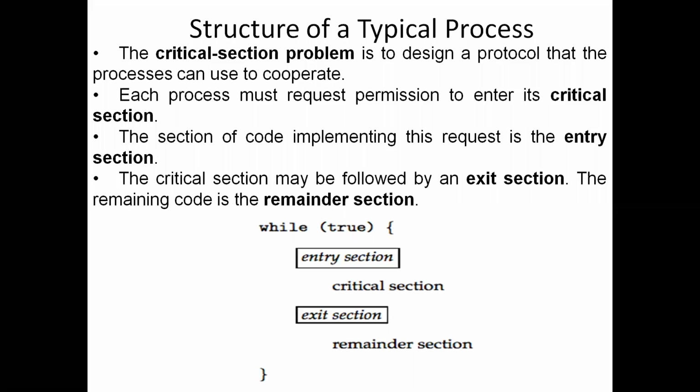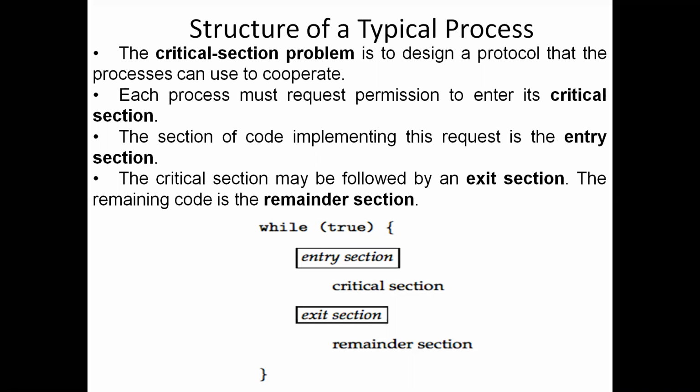For that we have a structure for this process. The critical section problem is to design a protocol, a set of rules, that the processes in the system can use to cooperate with each other.